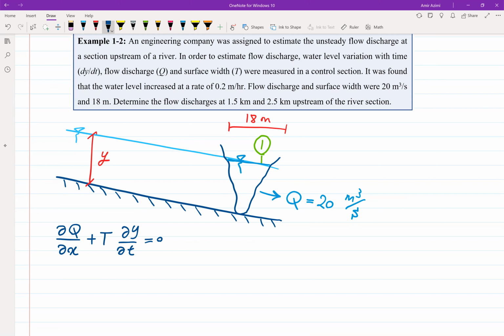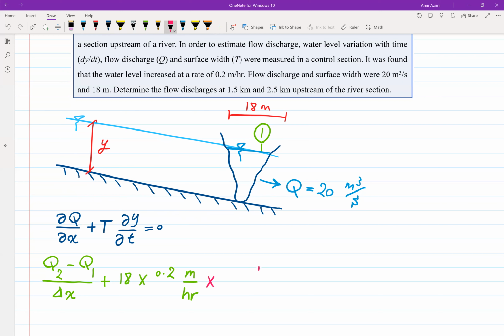(Q2 minus Q1) divided by delta x plus T is 18 and dy/dt is 0.2 meter per hour. So it's 0.2 meter per hour. And I need to multiply this to change it from hour to second.